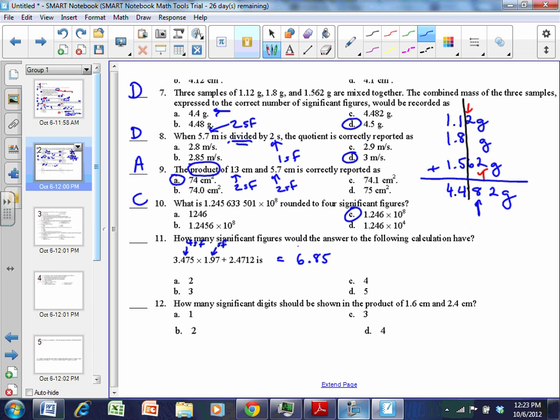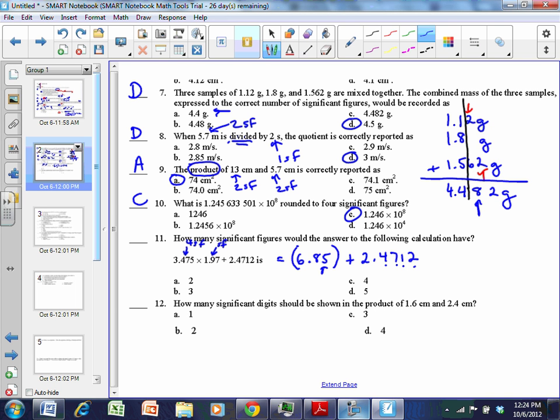Okay. Plus 2.4712. Now, I don't even have to do this calculation, but that has 3 sig figs, okay, and it's the hundredths place. And then I go from here, this is the tenths, hundredths, thousands, 10,000s.